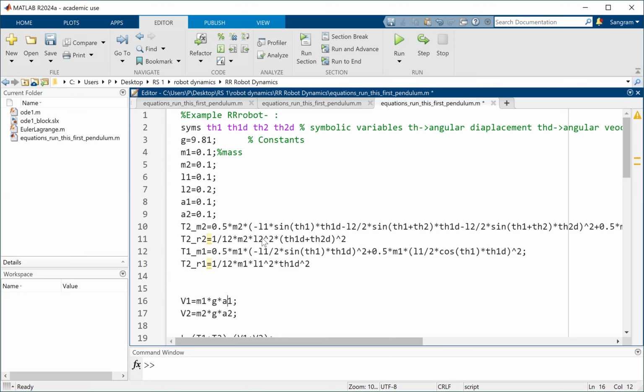And then V1 is going to be M1 G A1, V2 is M2 G times A2 plus A1.